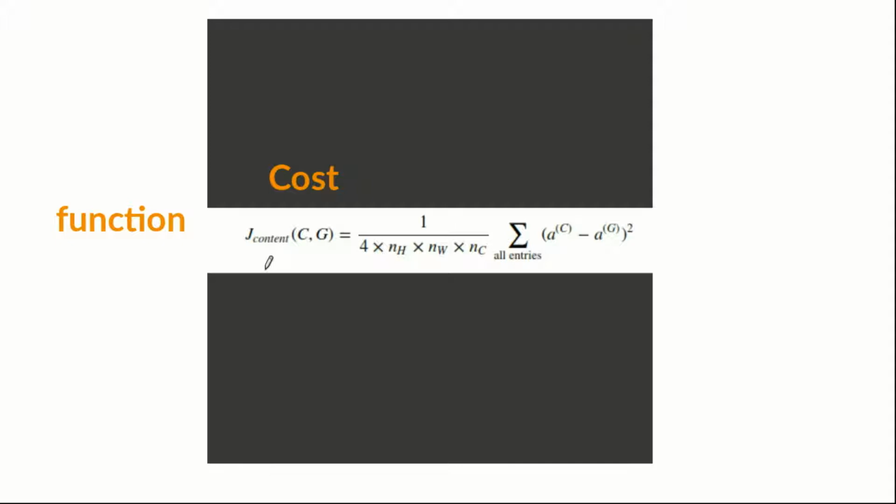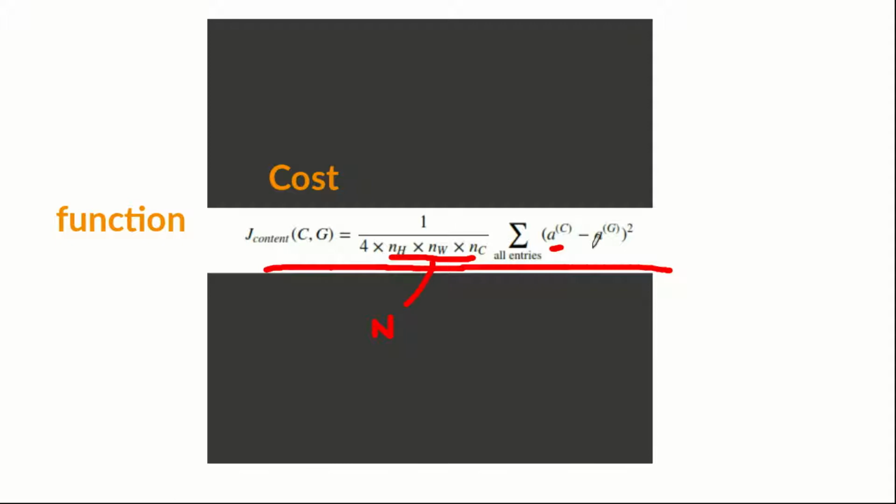Here NH, NW and NC are the height, width and number of channels of the hidden layer you have chosen, and they appear in the normalization term in the cost. The term before the summation, 1 by 4 times NH times NW times NC, is the normalization term here, and for clarity AC and AG are the volumes corresponding to a hidden layer's activations.